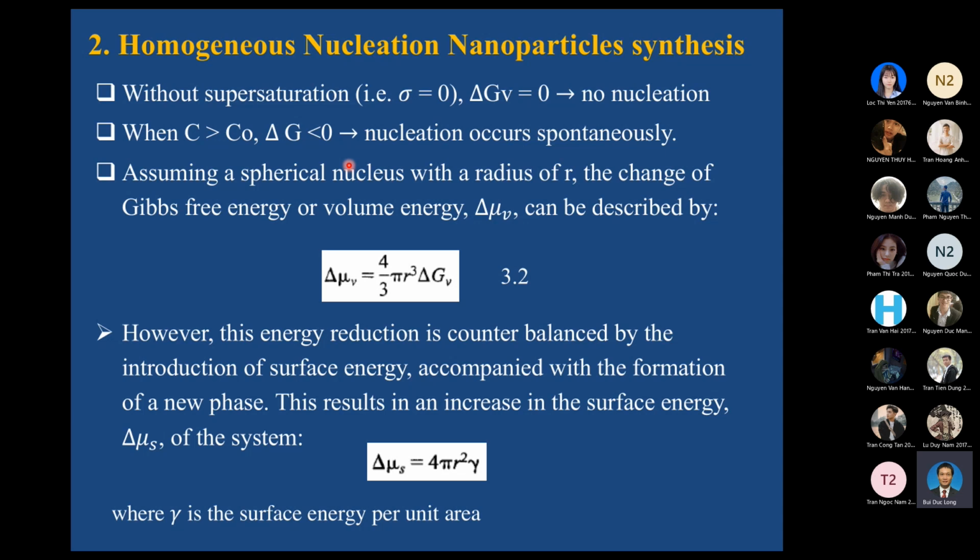The change of Gibbs free energy, or volume energy, we call delta mu V. This can be described by delta mu V equal to 4/3 pi r cubed, which is the volume, times delta Z.